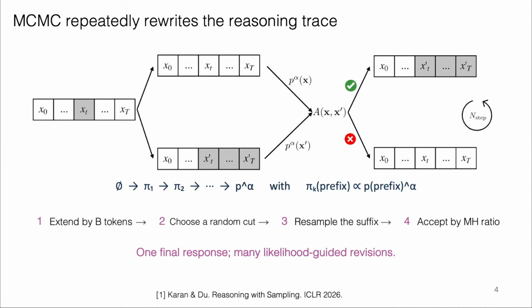And in terms of how to optimize this energy function or do this low temperature sampling, we essentially use some type of Metropolis-Hastings sampling. We have an initial sequence, we choose some random cut, we resample the distribution from this random cut, and then we use the energy function to determine whether to accept or reject this change. So essentially, it's a Metropolis-Hastings update to sample from this model.